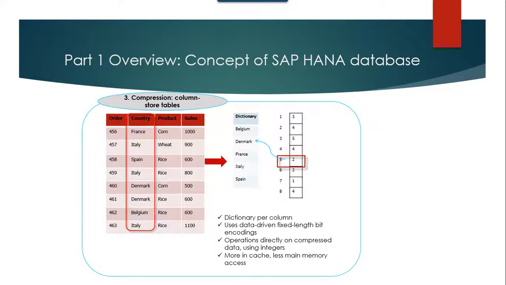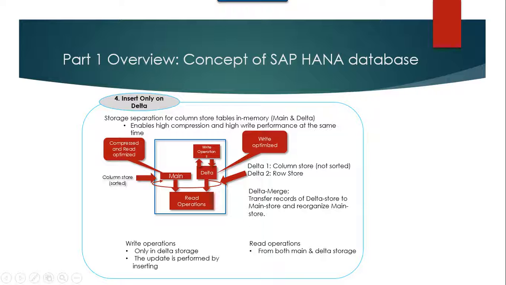And the last concept, insert only on delta. The storage is separated for column store tables in memory into main and delta. This enables high compression and high write performance at the same time. See, main. It is compressed and read optimized for the main table. So this one is in column store, and is enabled for read operation only for the main.